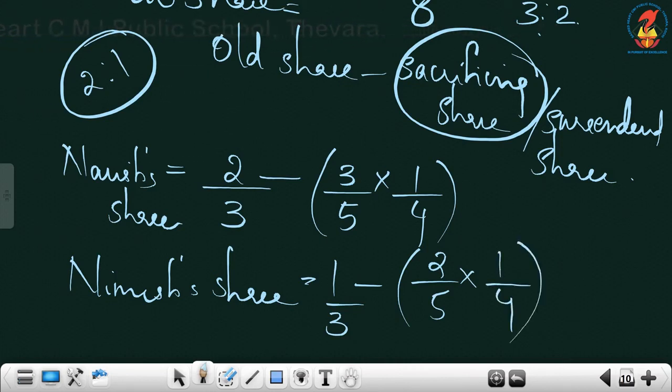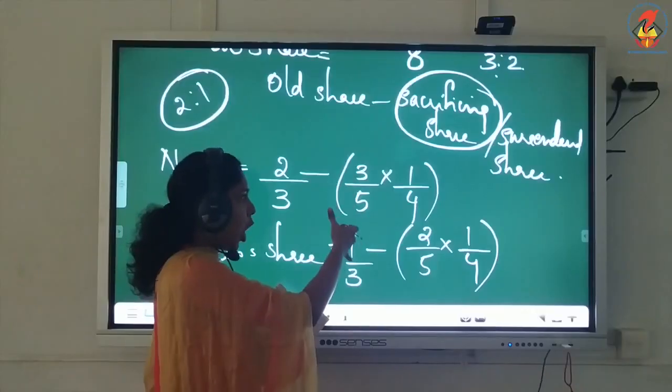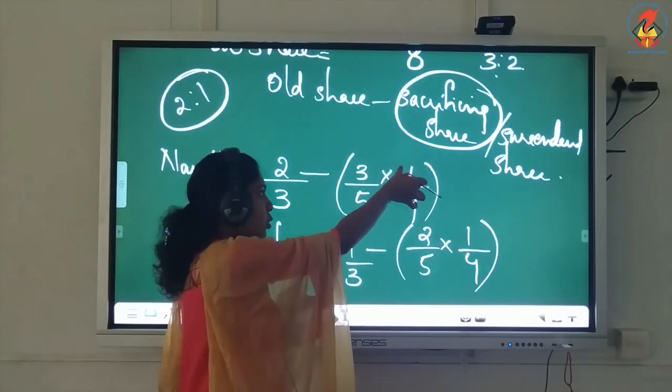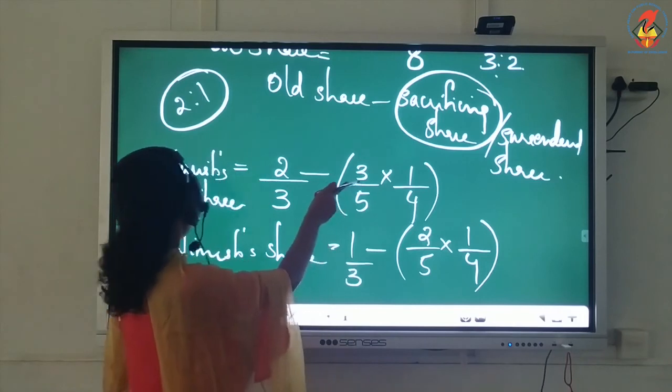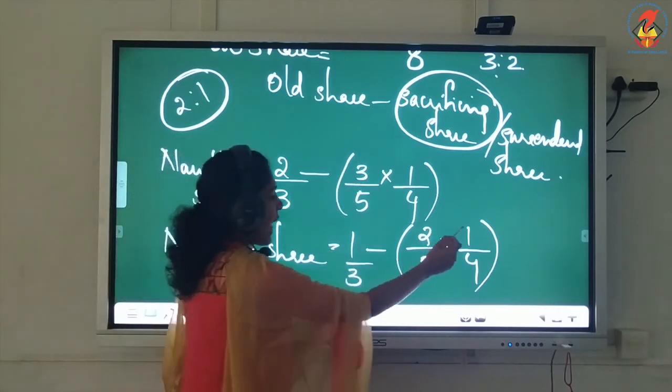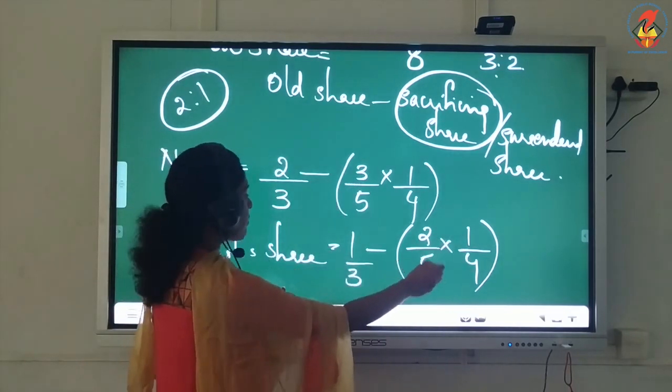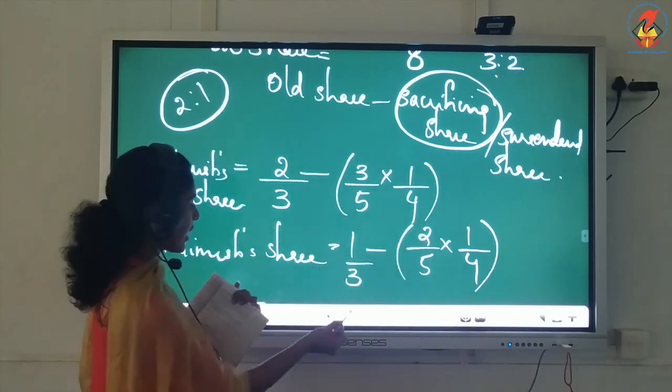So when you take the sacrificed share, do it very carefully. Don't simply write 3/5 and 2/5 as the sacrifice proportion. You have to multiply it by the new partner's share, because we are giving all these to the new partner. So out of 1/4, Naresh will be giving 3/5 and Nimesh will be giving 2/5. This is the sacrifice proportion.